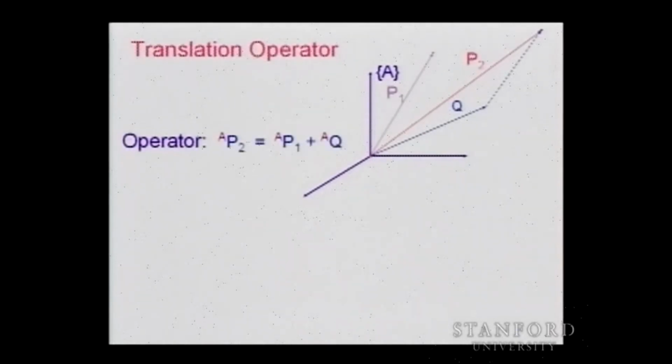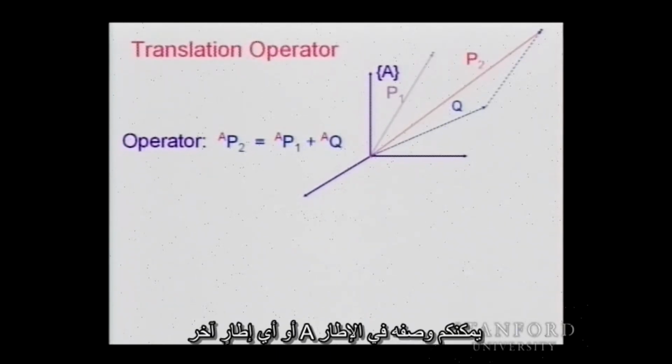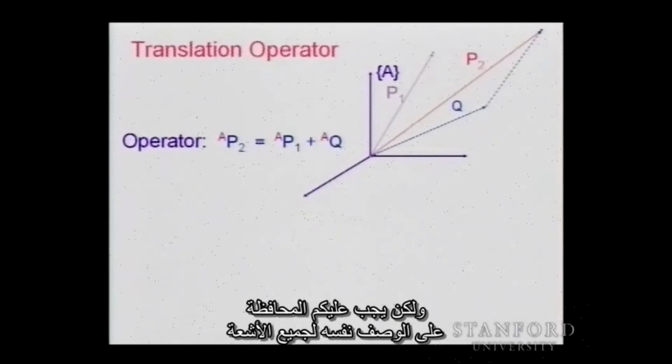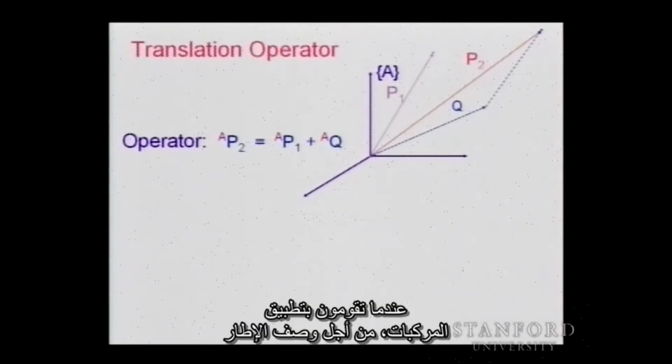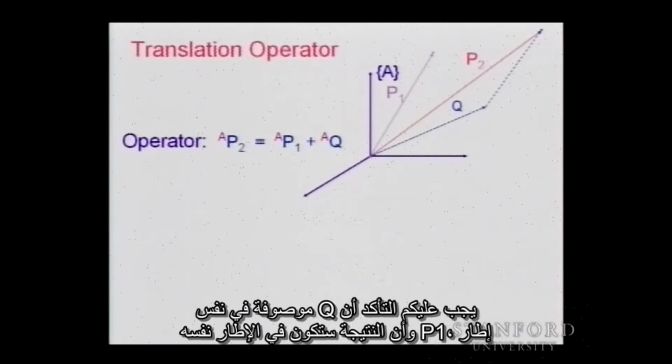So a translation through the operator Q would result in a different vector P2, and now you have to describe it. You can describe it in frame A or any other frame, but always maintaining the same description for all the vectors. When you apply the components for describing the frame, you have to make sure that Q is described in the same frame as P1, and the result will be in the same frame.